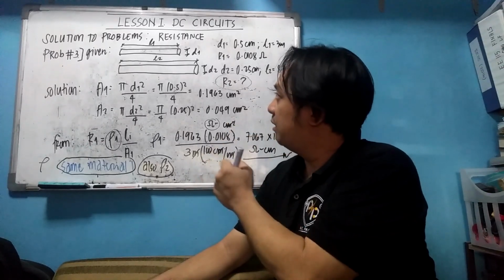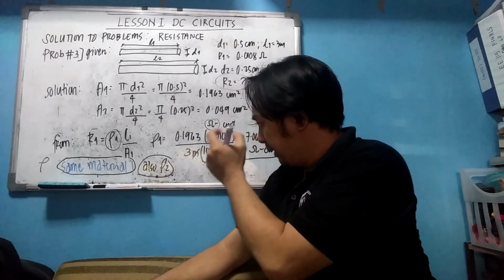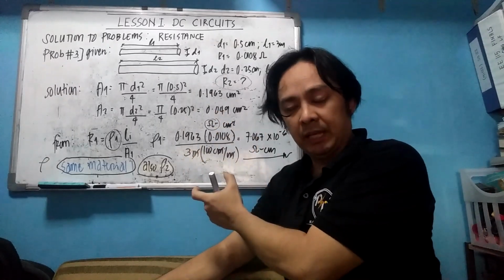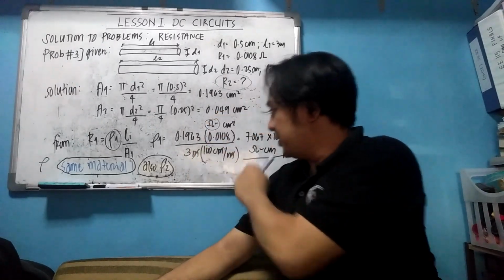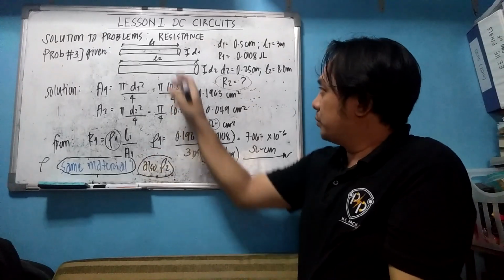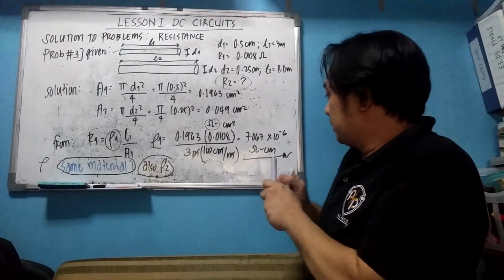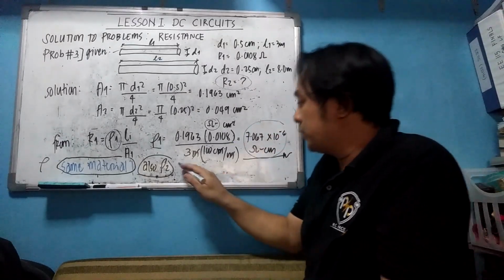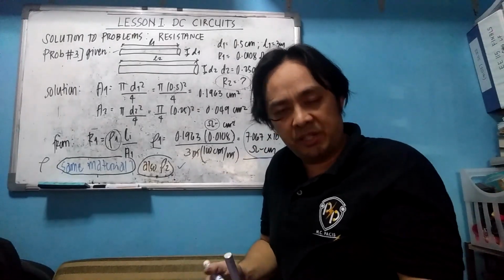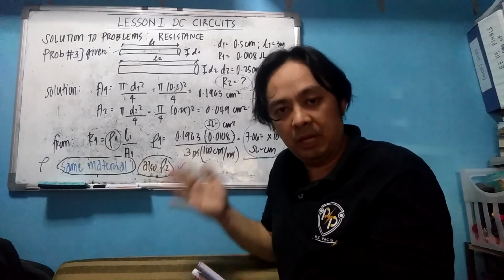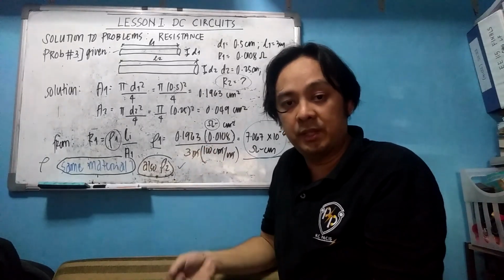Now, since we do not know what that material is, we can now solve for that resistivity at the first condition, and this result will also be your resistivity at the second condition. Now you can solve for the resistance.